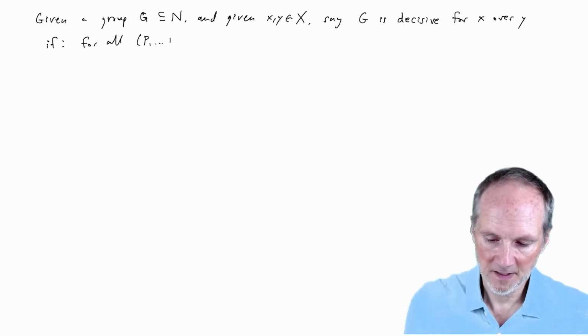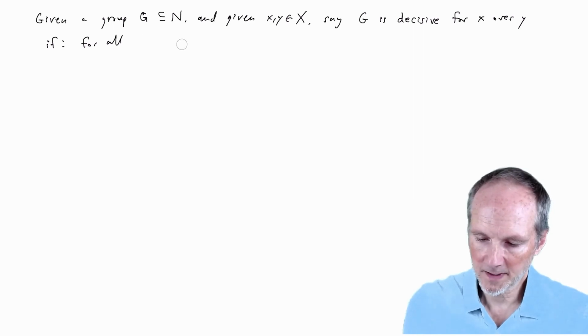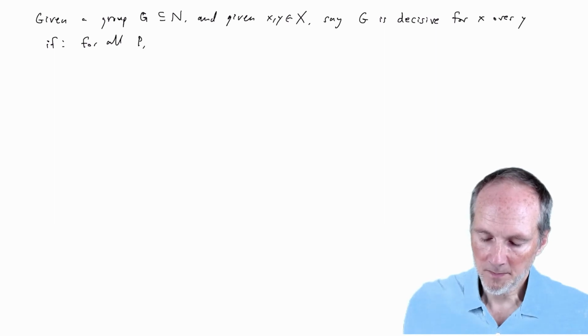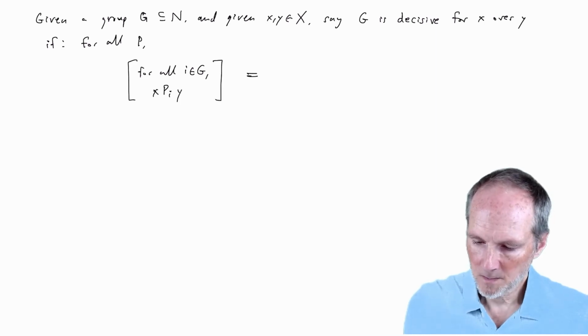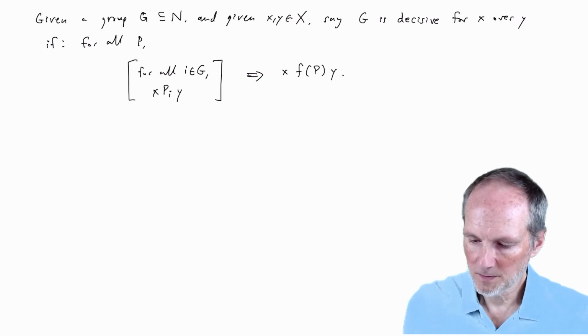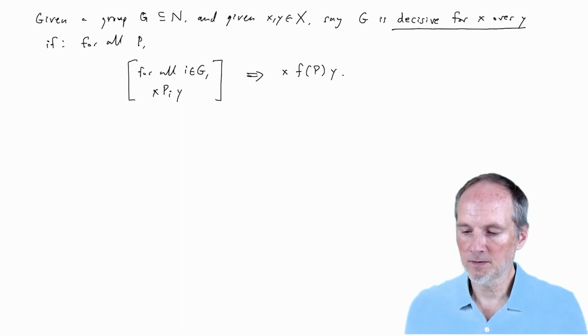Formally it's just basically writing that out. Actually, I'll use our shorthand. So for all profiles P, if everyone in the group prefers X to Y, then X is socially preferred to Y. So that's decisive for one alternative over another.